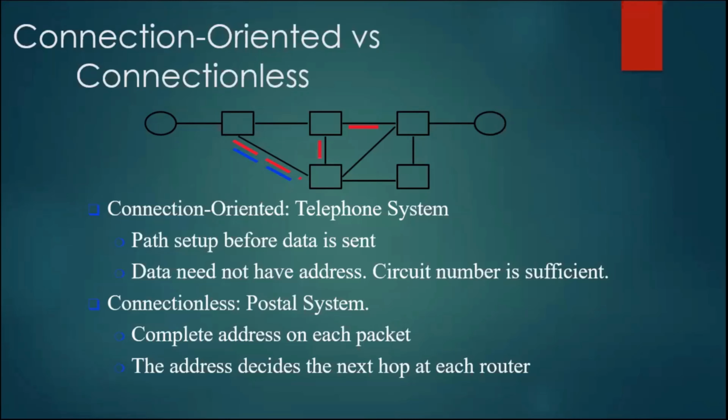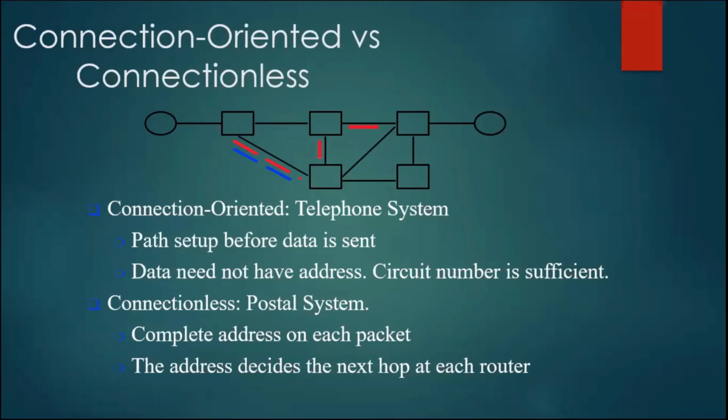Connectionless is a postal system, because once you post a letter, you are not worried about whether it really reached or not, right? You put the complete address on each letter or each packet, and then the address decides the next hop where to go.